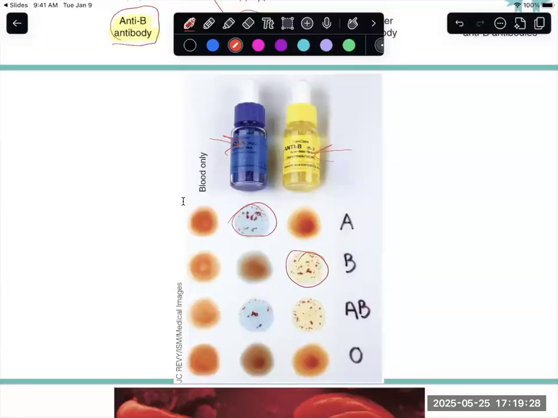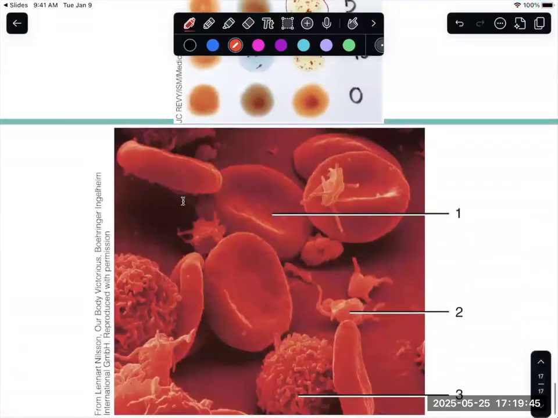AB blood, both that A and that B would clump up. O, nothing would clump up. So it's the way we go through and do blood testing. Computers do a lot of this stuff now, but in some labs, they still do it this way. So this is a way to learn some of this stuff.